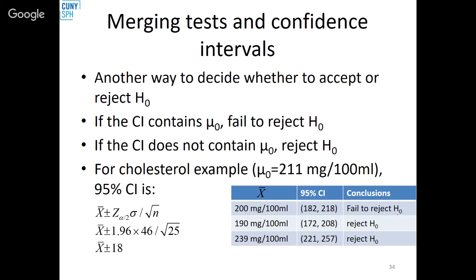With 190, it no longer contains 211, so we reject the null. For 239, it again no longer contains the null value of 211, so we again reject H0. Those are equivalent. You would come to the same decisions every time using either approach.